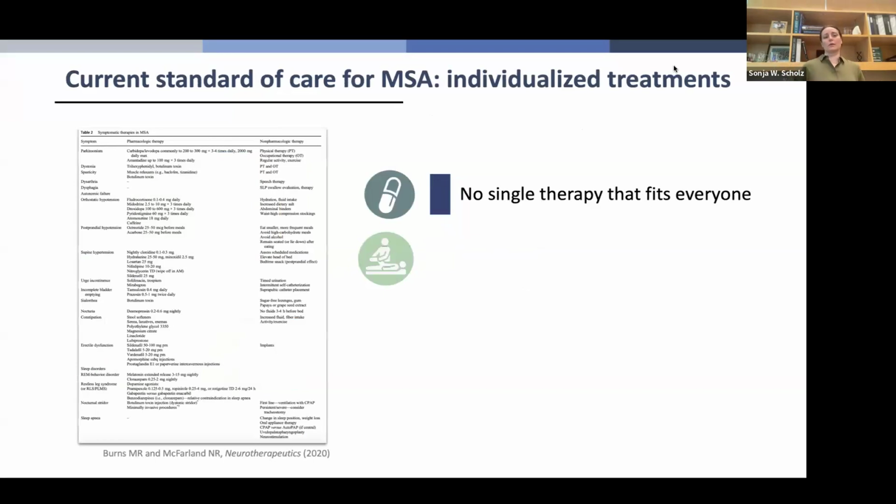And so the current standard of care is actually quite complicated because there is no symptom that is specific to all patients, and there's no problem that's really specific to everybody. There is no single kind of therapy that fits all, and it becomes quite challenging trying to piece together the right kind of drugs that could be tried, but also non-pharmacological therapies.